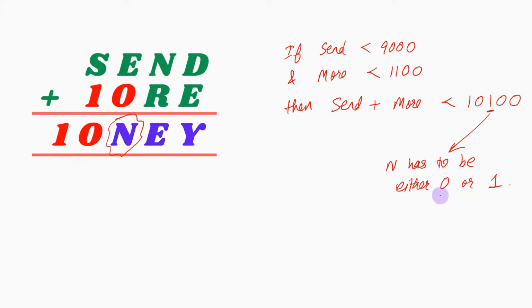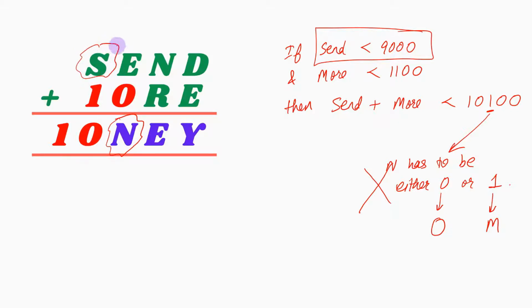But this is not possible, because 0 has already been occupied by O and 1 has already been occupied by M. Therefore, this condition is not possible, that is, SEND cannot be less than 9000, and hence SEND has to be more than 9000, which simply implies that the alphabet S has to be equal to 9.